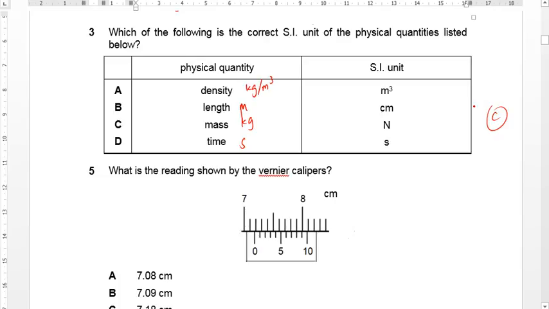Which is the correct one? Sorry, so D. Only D is correct.